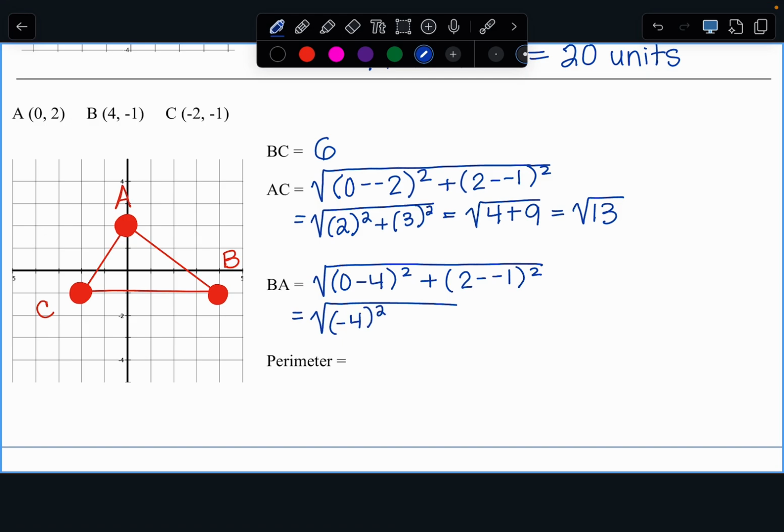This gives us -4 squared plus 3 squared, which is the square root of 16 plus 9. That gives us root 25. Square root of 25 is 5. If it made it a little bit easier, you could also label these distances on your image.